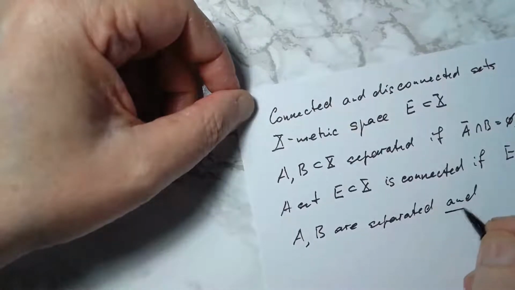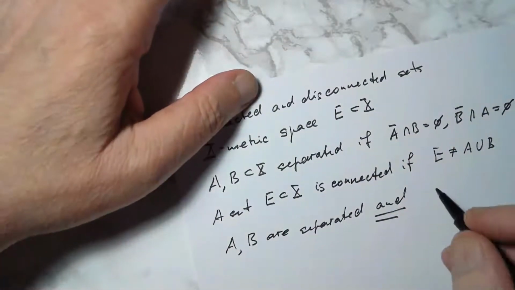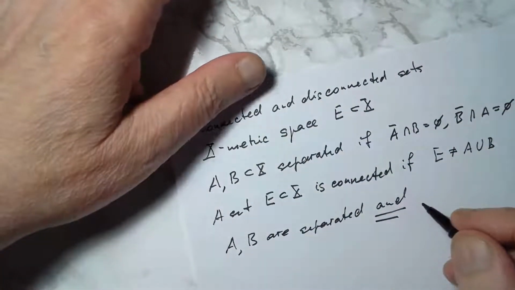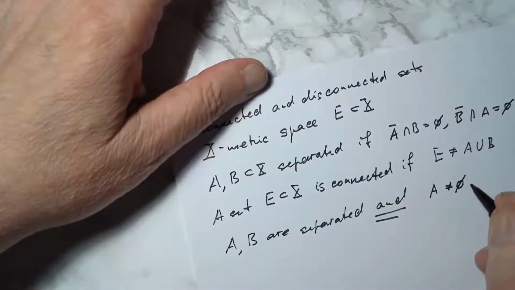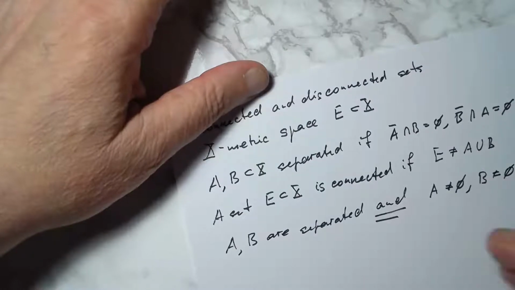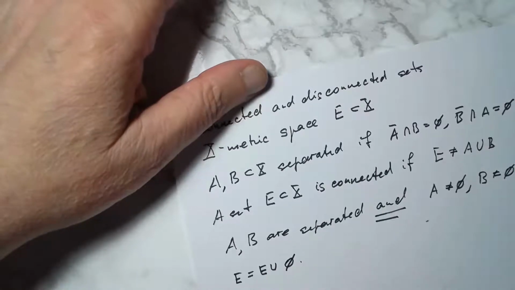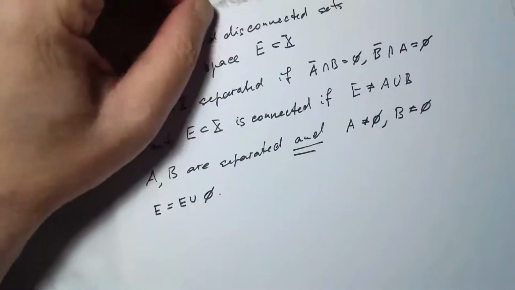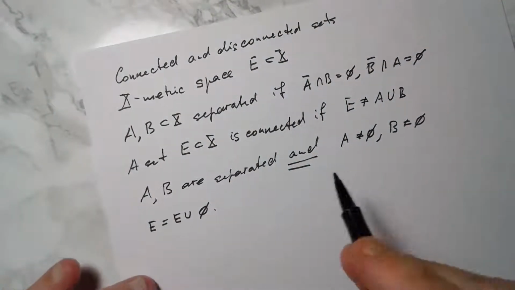And this is something that I forgot to mention in a previous lecture in the definition, so it's very important. In addition, I require that A is not an empty set and B is not an empty set. Notice that if A and B were allowed to be empty, then every set E can be written as E union empty set, and then they all would be disconnected. So I forgot to mention that A and B should not be empty sets.